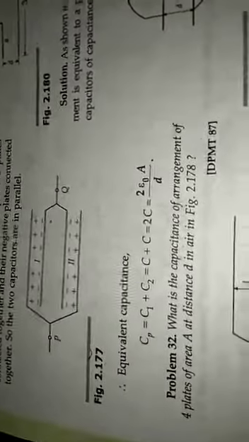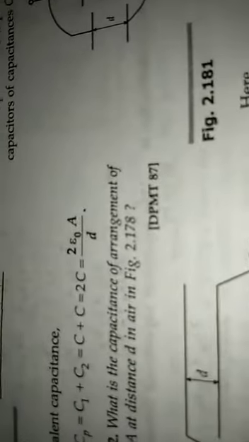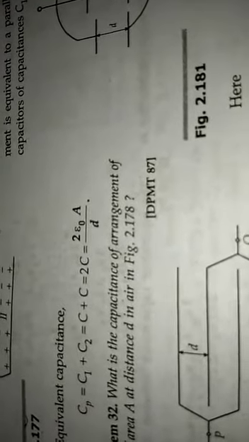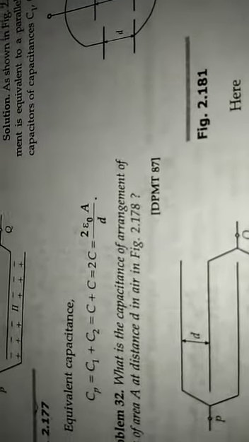You can clearly see the answer, 2C. Since C is epsilon naught A by d, in place of C they have written epsilon naught A by d multiplied by 2. We also reached the same result, but we did it in our own way.